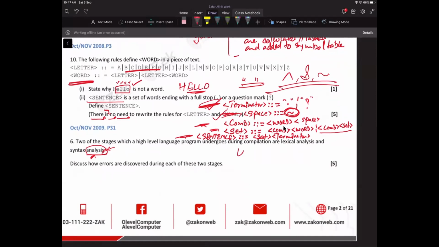So at lexical stage, keywords related errors can be found, or valid variable names can be checked.